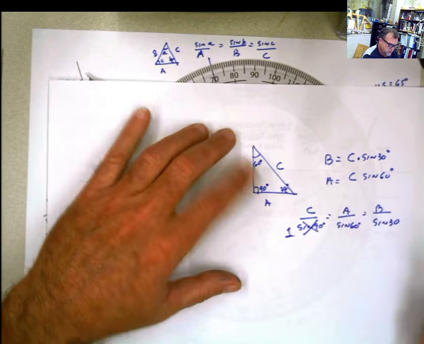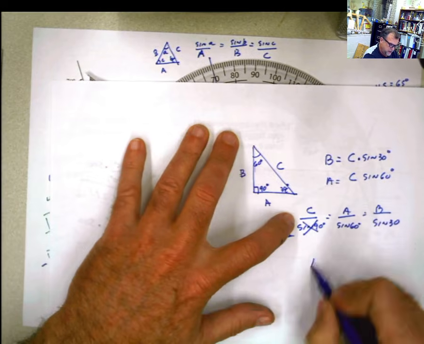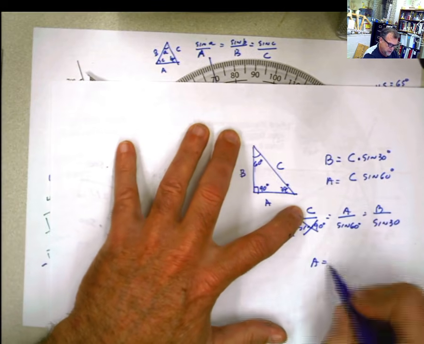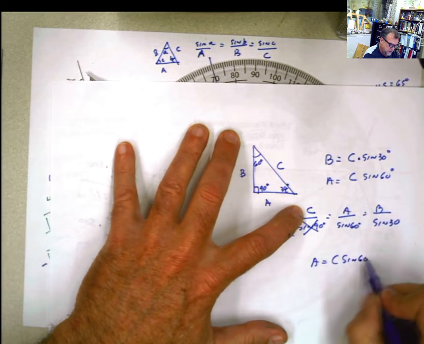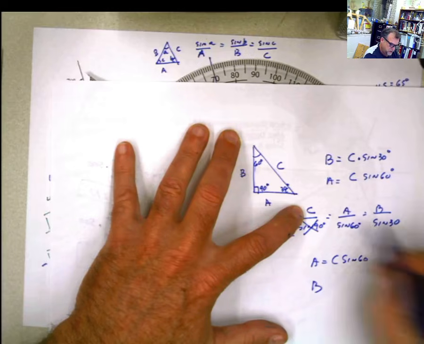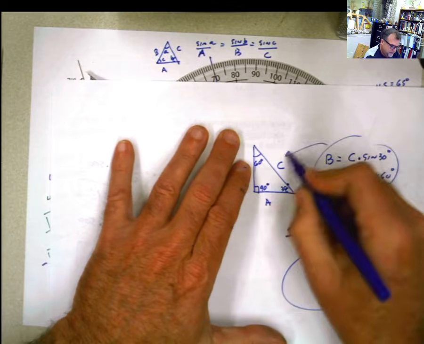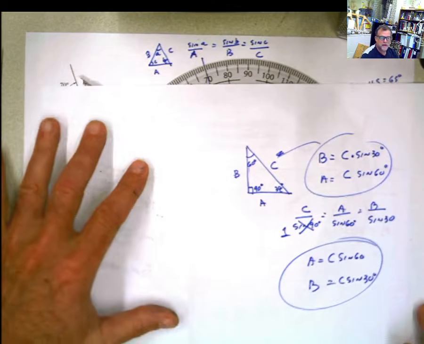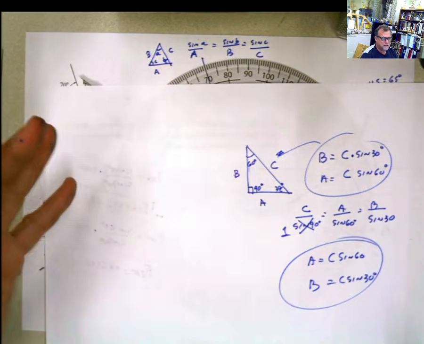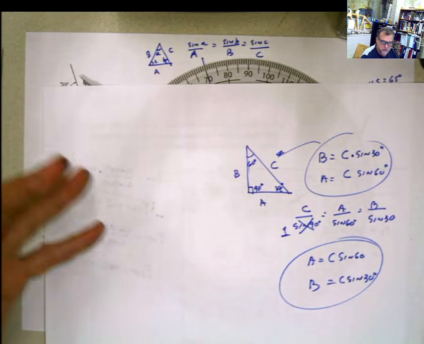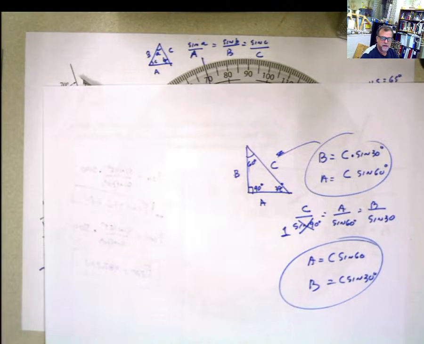So basically, if you want to calculate A, pass this to the other side: A is equal to C sine 60. And if you want to calculate B, pass this to the other side: B is equal to C sine 30 degrees. So yes, every time that you use sine and cosine in a right triangle, what you are doing in reality is the law of sines. It's just a simplification because the sine of 90 is 1.